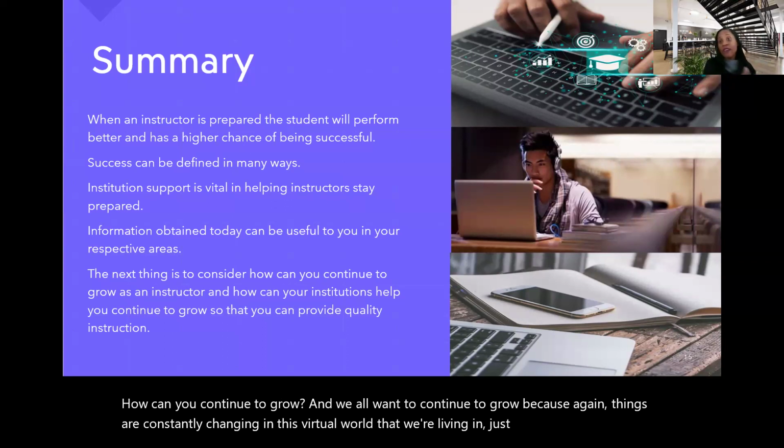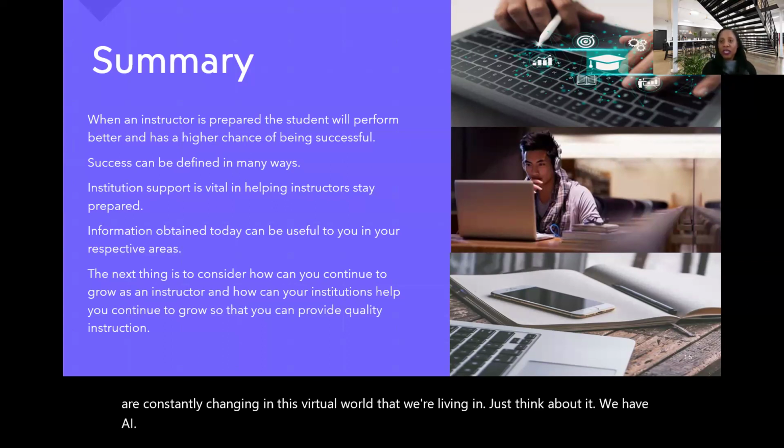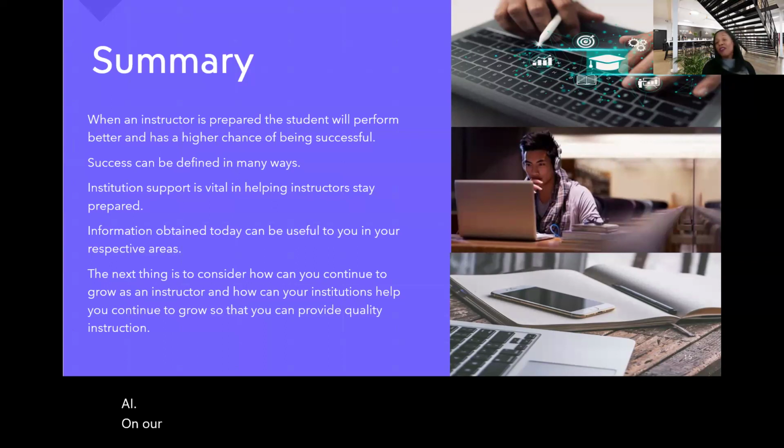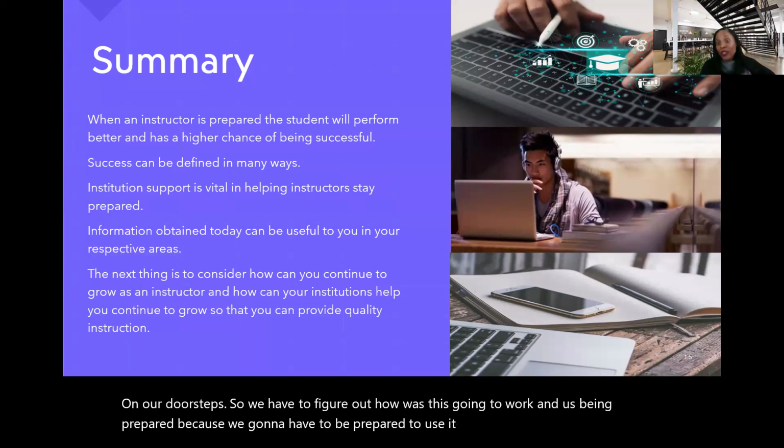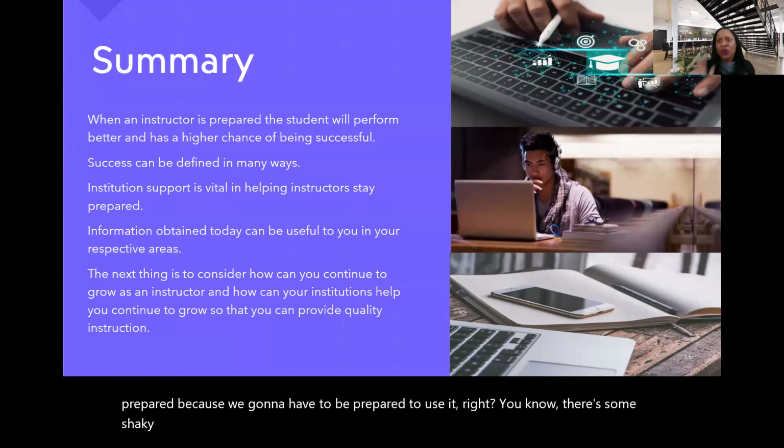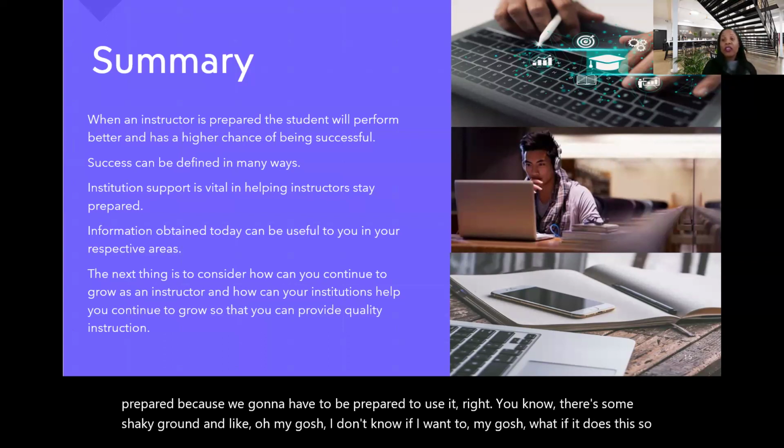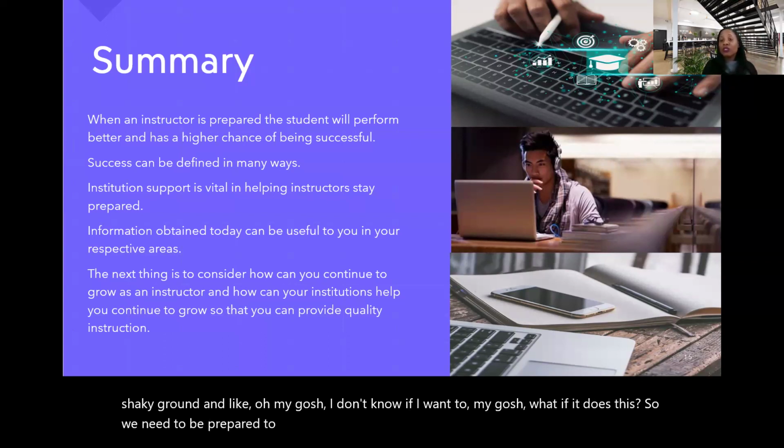Just think about it. We have AI on our doorsteps. So we have to figure out how this is going to work, and us being prepared, because we're going to have to be prepared to use it, right? There's some shaky ground. You're like, oh my gosh, I don't know if I want to. Oh my gosh, what if it does this? So we need to be prepared to utilize those things associated with AI.